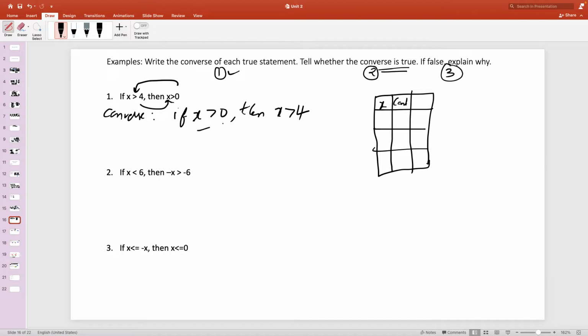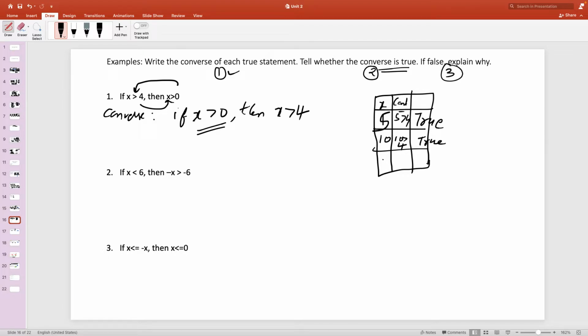So if x is greater than 0, let's pick 1. Then let's pick 5. If x is greater than 0, I'm just picking the number 5, then is x greater than 4? Okay, 5 is greater than 4, so this condition is satisfied, so this is true. Good. If I pick x equal to 10, again 10 is greater than 4, so again this is true.